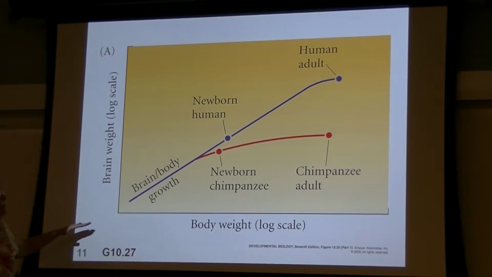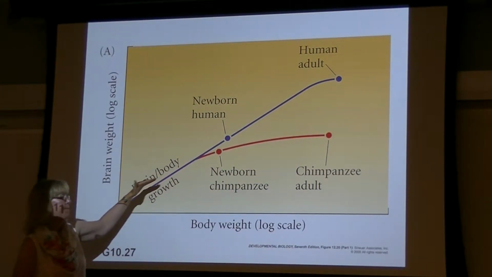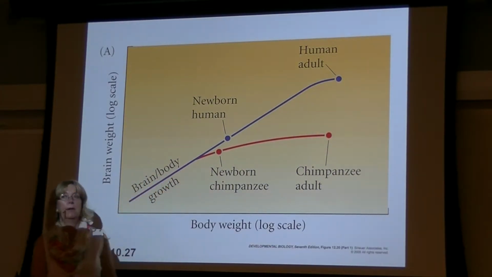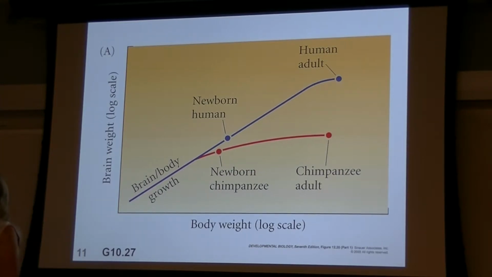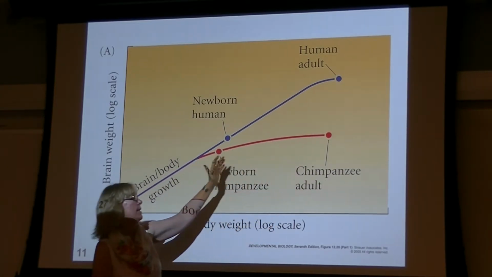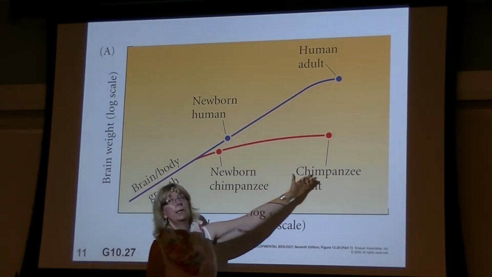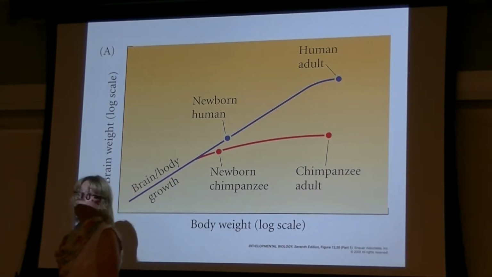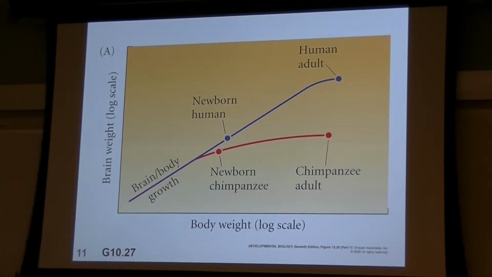And prior to that stage, when they were in the body, they're fairly similar in terms of the ratio of brain weight to body weight. But then afterwards, the chimpanzee's brain is still going to grow somewhat between newborn and adult, but the human, it's a much more dramatic increase in brain size even after birth, which reflects our better cognitive abilities.